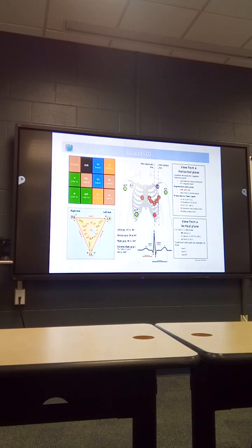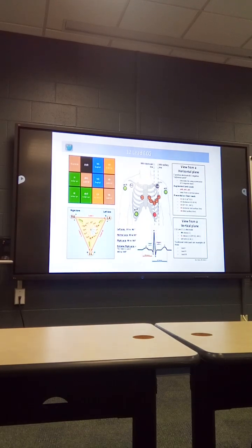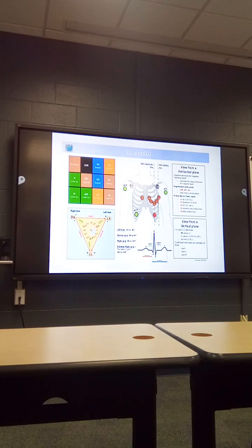So this bottom lead, maybe this left lower lead, maybe the QRS is down because it's looking at the heart from a different location, where this AVR lead might look like this. So when those leads look different, but it's the same patient at the same time frame, those leads are just looking at the heart in a different area.